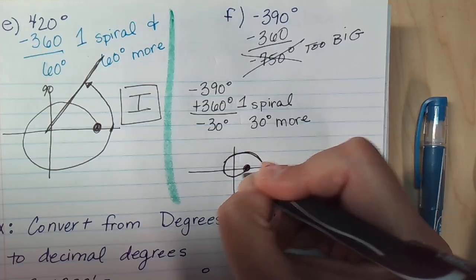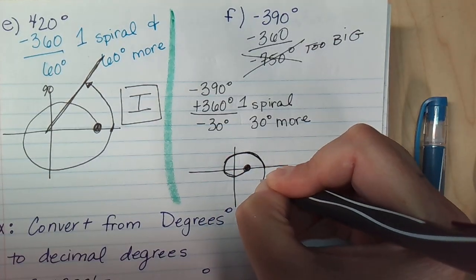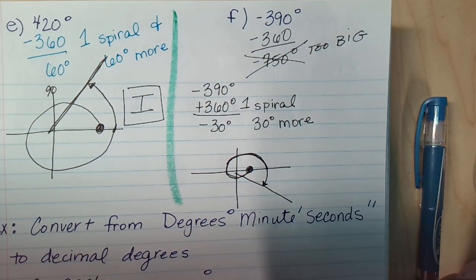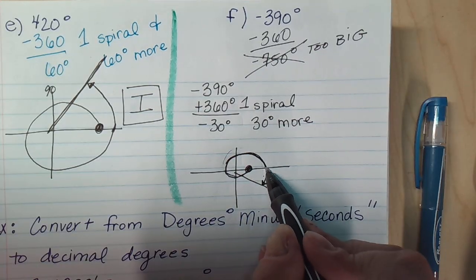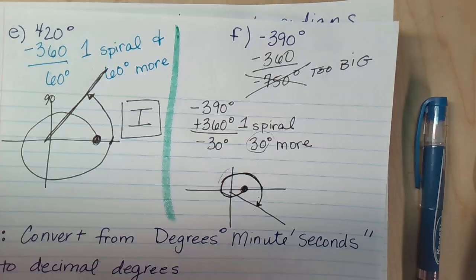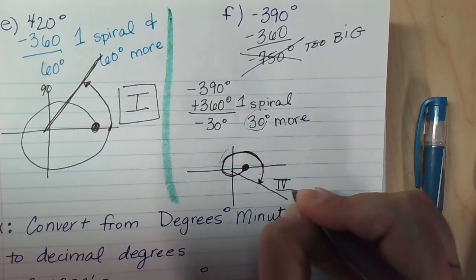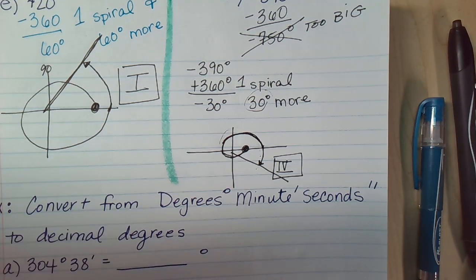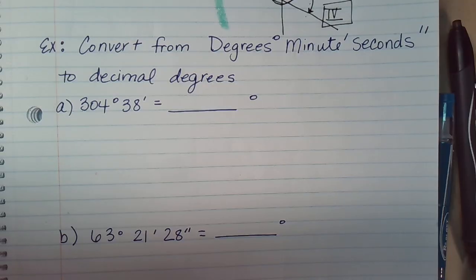That's one spiral, or 360 degrees. And then I'm just going to go a little smidge more, 30 degrees. So we went all the way around once for 360, and then a smidge more. Okay, and what quadrant is this in? 4. Hey-o.